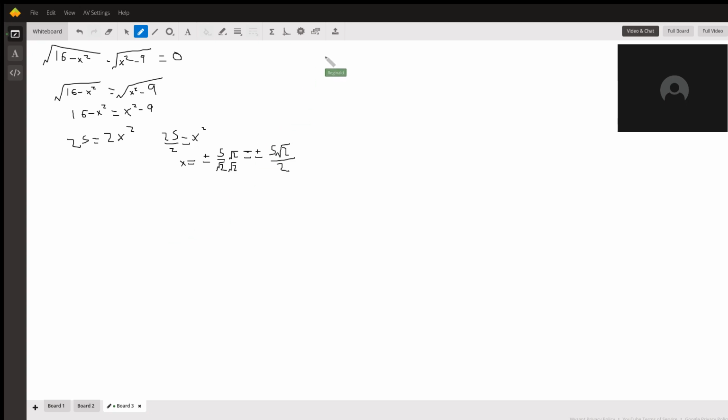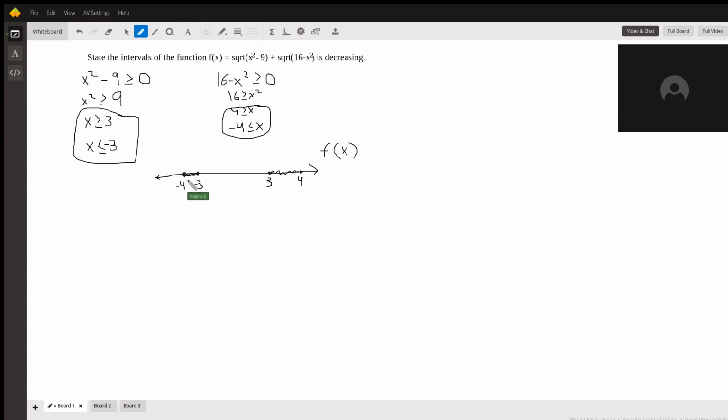So going back to the board, right here I can add -5 root 2 over 2.